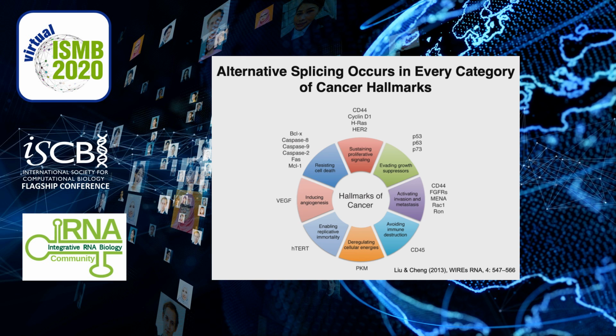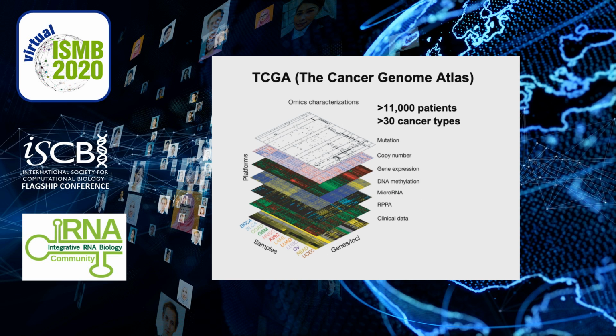With so many large-scale RNA-seq studies during the past 7 years, we can only expect the amount of evidence to grow. Over the past decade, the community has witnessed an exponential growth of sequencing data. As an example, TCGA, the Cancer Genome Atlas, has generated more than 11,000 patient-derived tumor samples, covering more than 30 different tumor types.